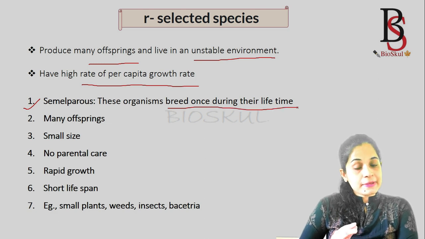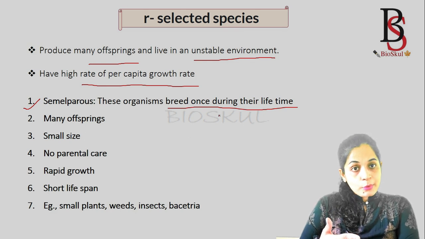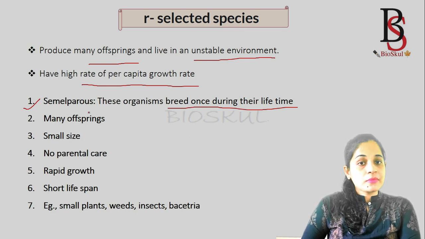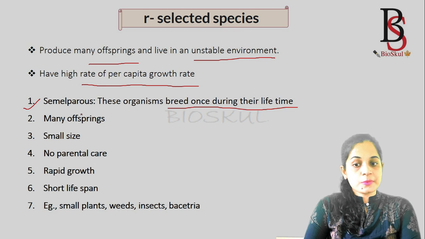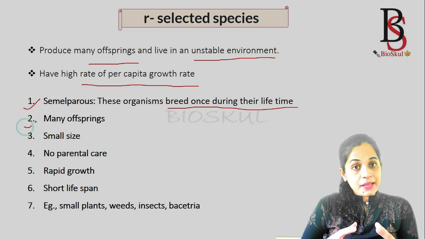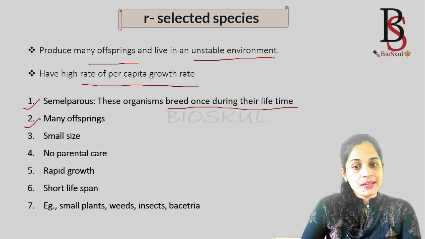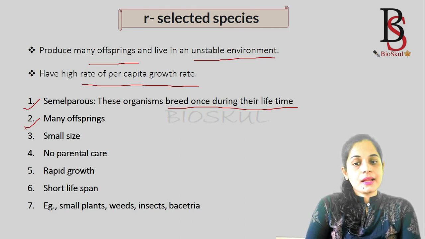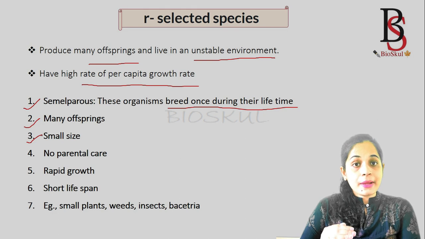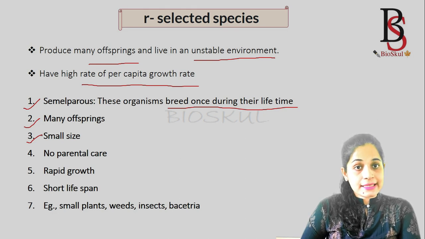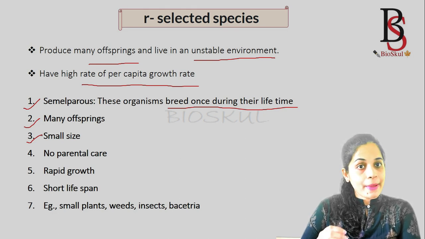So R selected species are semelparous. As they reproduce once during their lifetime, they produce many offspring, and each offspring is very small in size. And they don't provide any parental care.